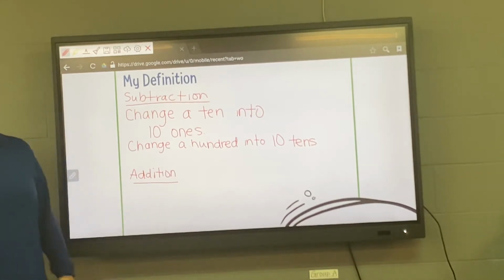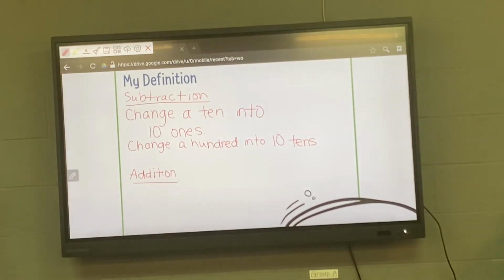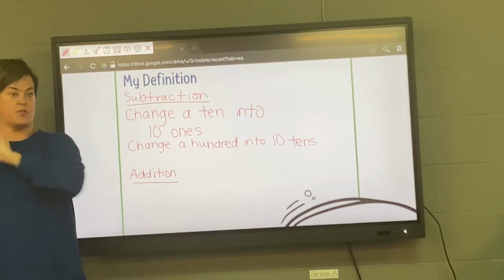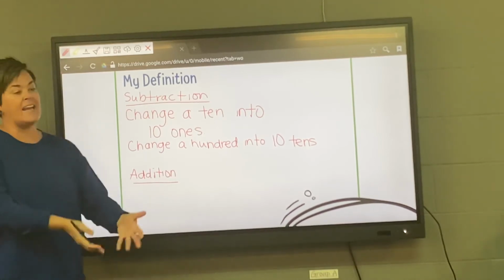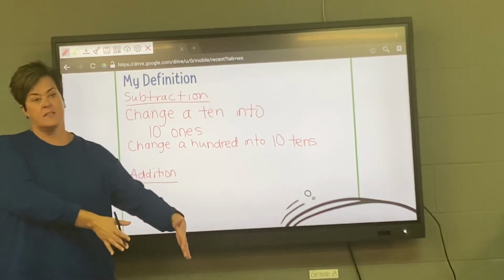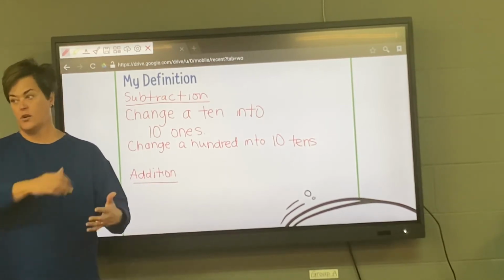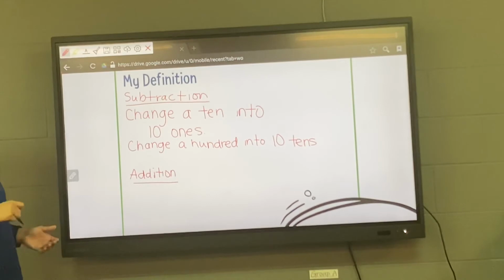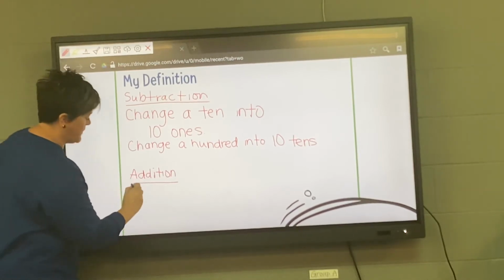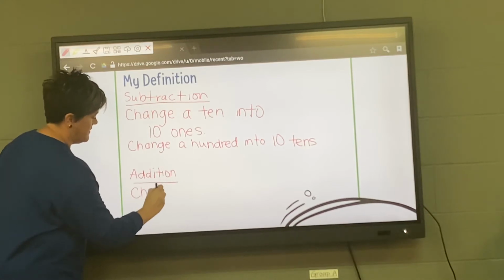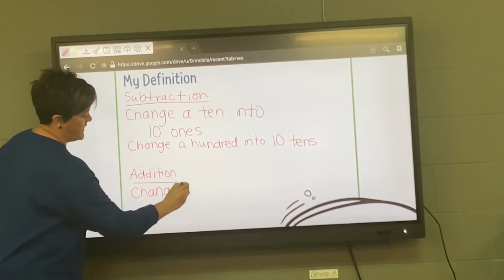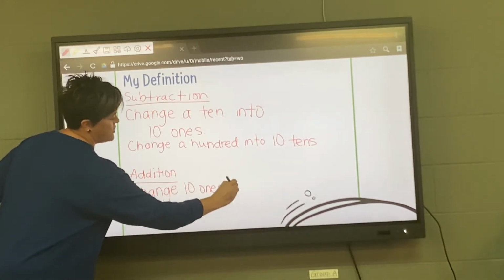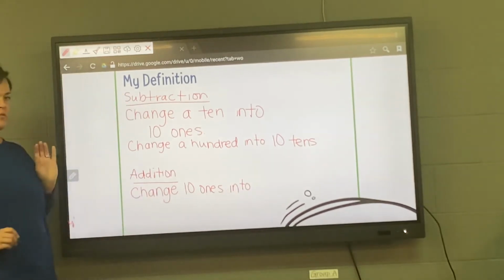No. Because now we're going to go on to the addition part. Now, in subtraction, when we're regrouping, we usually have to go left to right to borrow those numbers, don't we? But when we're adding, we're going right to left when we do our regrouping, like when we have to carry those numbers up above there. Okay, so in this case, then we would change ones into how many tens? 10.